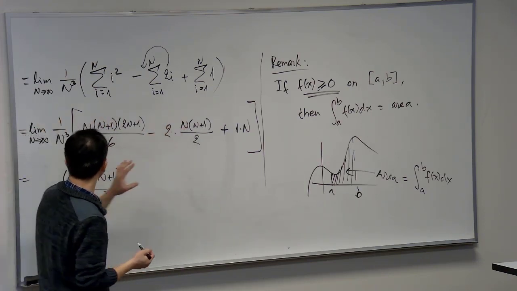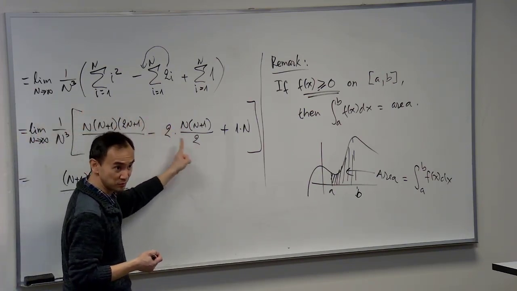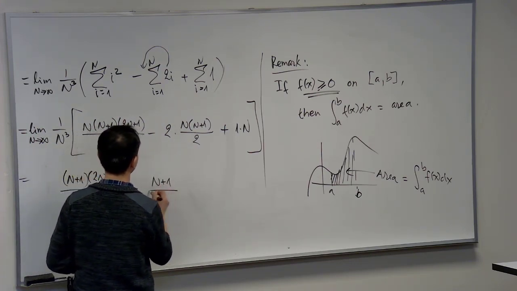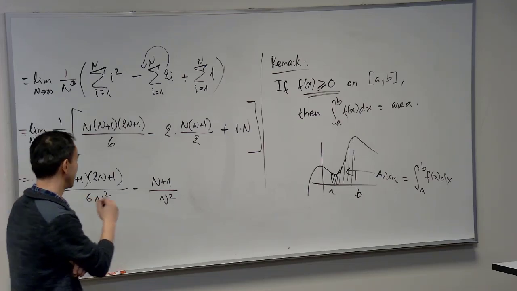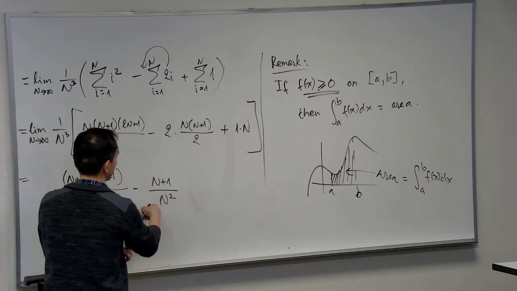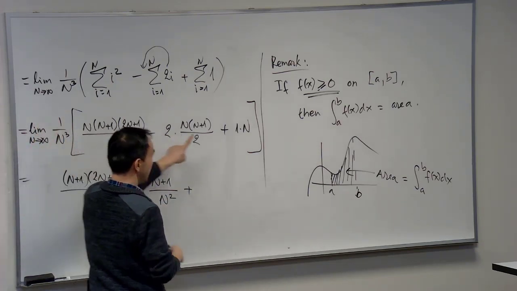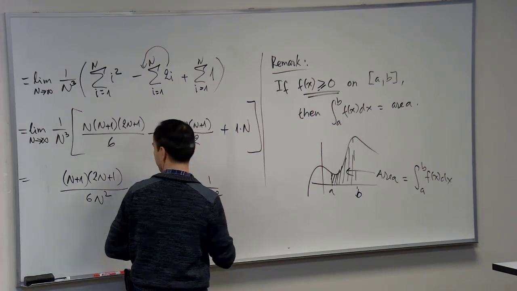The second term becomes n times 1 over n cubed multiplied again. And by the way, we cancel out that 2, and so it's going to become something like this: n plus 1 over n squared. Do you follow? Okay. That's the second term in terms of n. And then the third term is really just 1 over n cubed times n, that gives me just 1 over n squared.